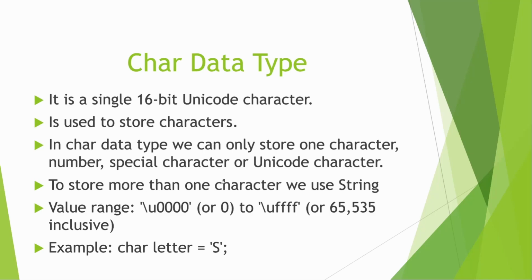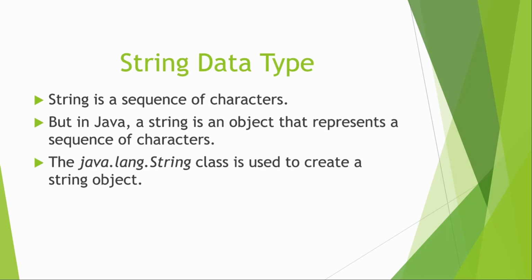To store more than one character, we use the string data type, which we will be seeing in the non-primitive data types. Here it is. So what is a string data type? As we saw earlier, the string data type is used to store a sequence of characters or an array of characters. It is a non-primitive data type, but it is predefined in Java.